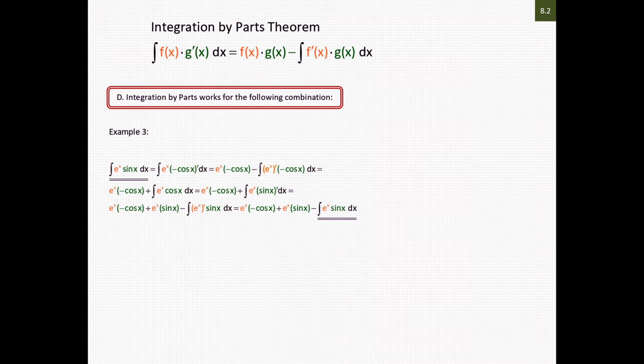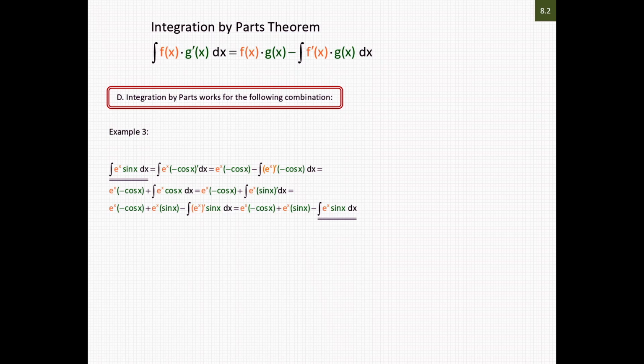Integration by parts works for this combination: the product of e to the x and sine of x. To create the integration by parts pattern, sine of x is replaced by the derivative of minus cosine x.